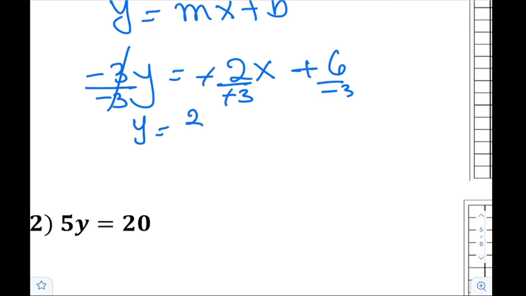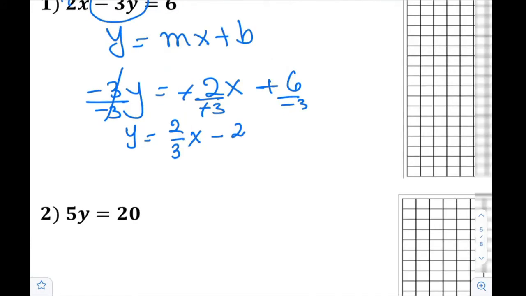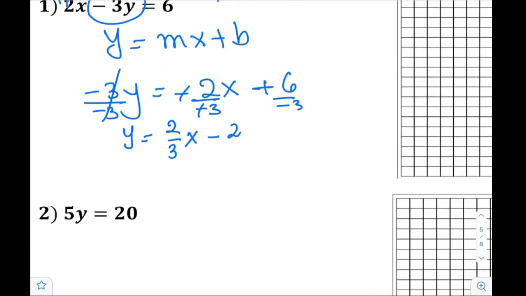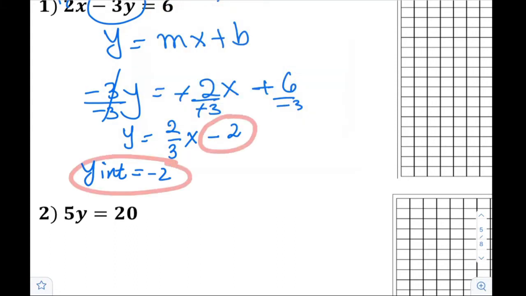Negative over negative is positive. 6 divided by minus 3 is negative 2. From this, you know that your y-intercept is minus 2. This is your y-intercept. And this is the slope, because y equals mx plus b, means the m is the 2 over 3. Our slope is 2 over 3.